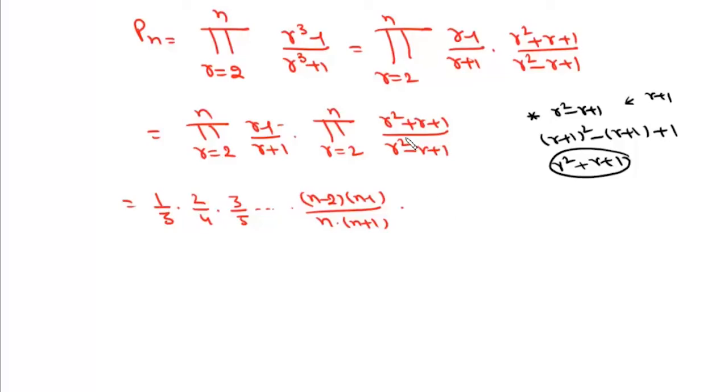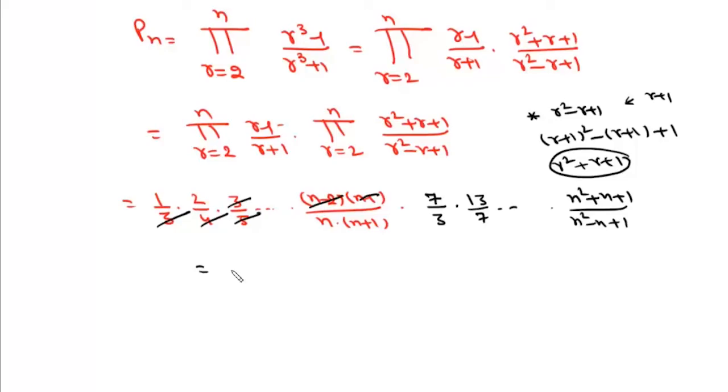So if we put r as 2, we'll get this as 4 plus 2, 6 plus 1, 7, so 7 by 3. Now we put r as 3, it will be 9 plus 1, 10, 13. And then it will be 10 minus 3, 7. And in the end, we'll have (n² + n + 1) upon (n² − n + 1). Now here terms will cancel after 2.